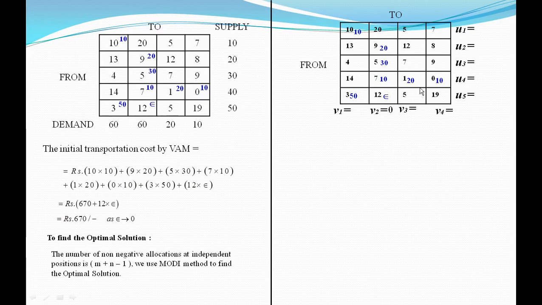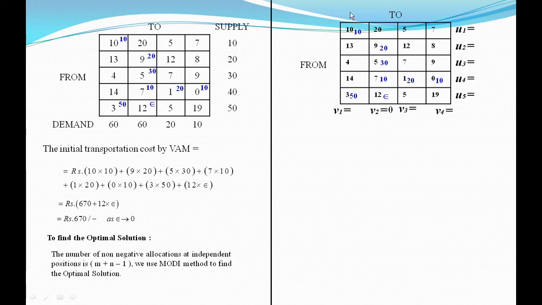Why do I use 0 here arbitrarily? I'm writing 0 because you have to identify the row or column with the maximum allocations. How many allocations in the first row? 1. Second row? 1. Third row? 1. Fourth row? 3.